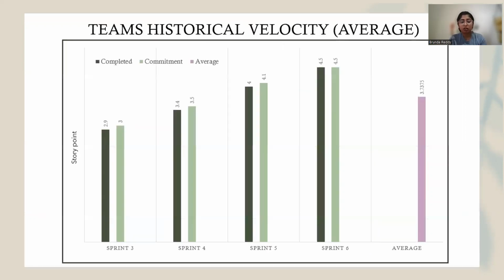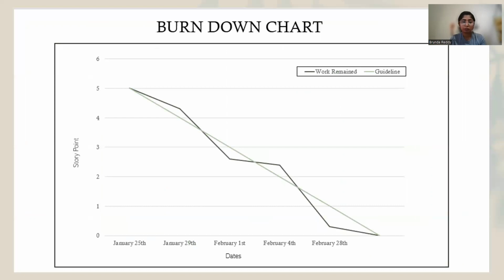And coming to the team historical velocity with the average, this shows the difference between completed and committed work. The average is plotted for all the sprints with the story points.